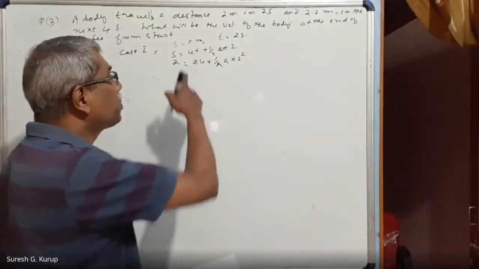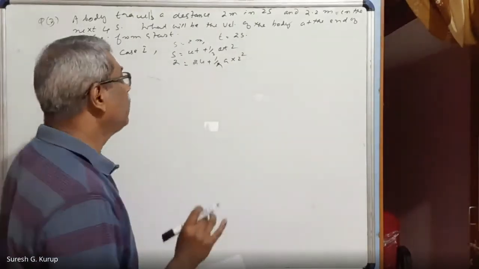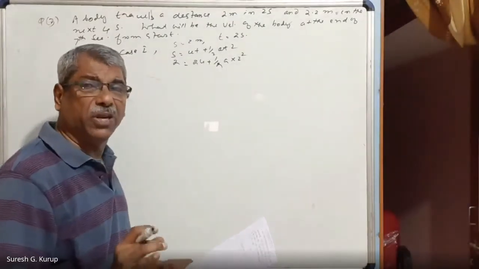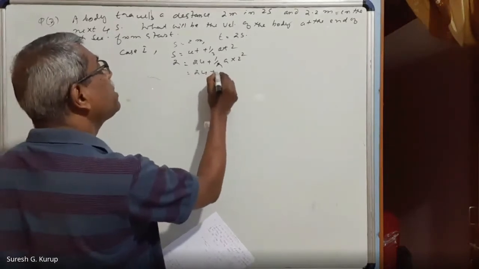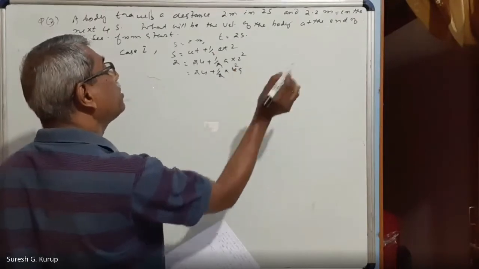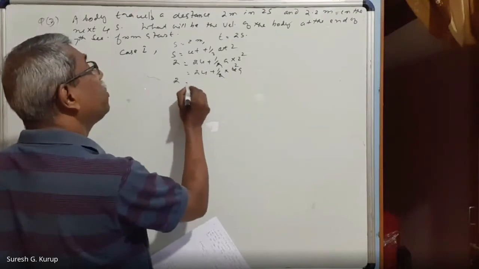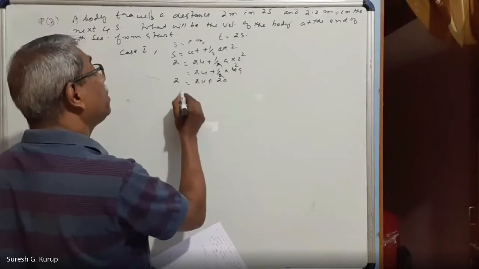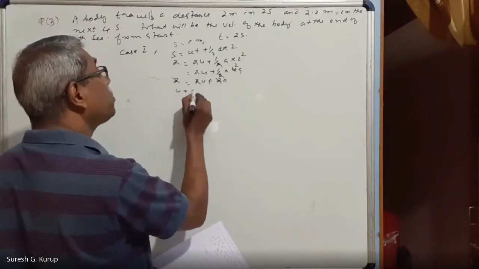Applying this, you will get a relation between u and a. That means this is equal to 2u plus half into 4a. This 2 and 2 cancelled. So we are getting 2 is equal to 2u plus 2a, or u plus a is equal to 1.